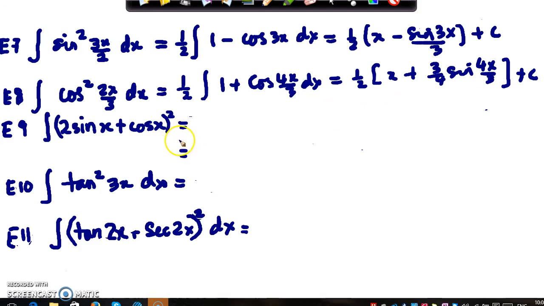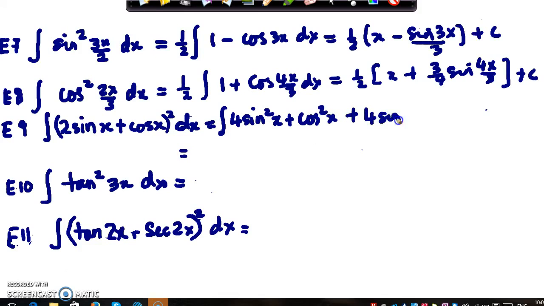For this, we need to expand it first before we integrate. So that gives us 4 sine square x plus cos square x plus the middle term 4 sine x cos x. So we can see here, even for all the sine and cos we use double angle. Similarly, product of sine and cos we use the last identity we covered just now.